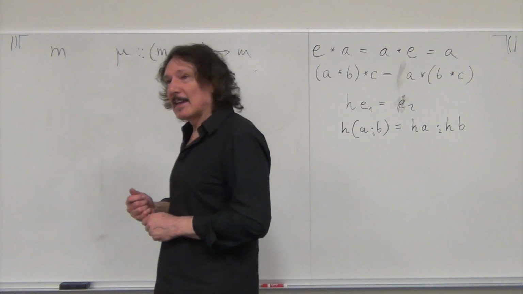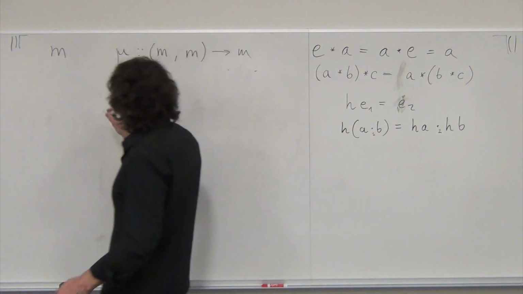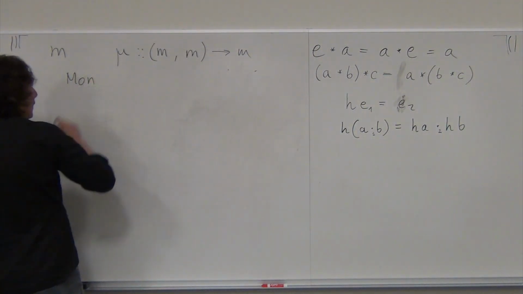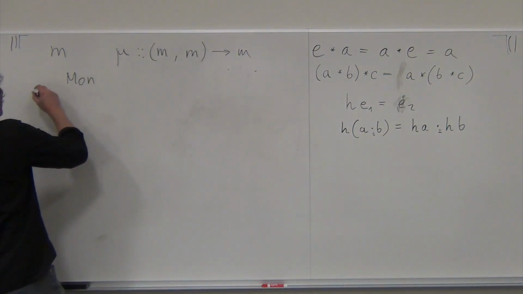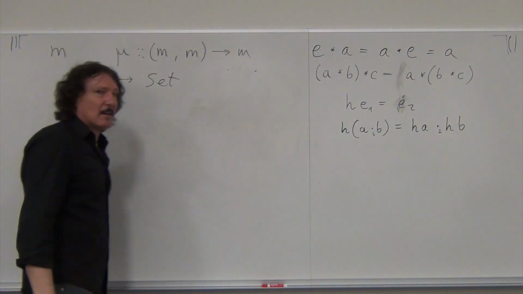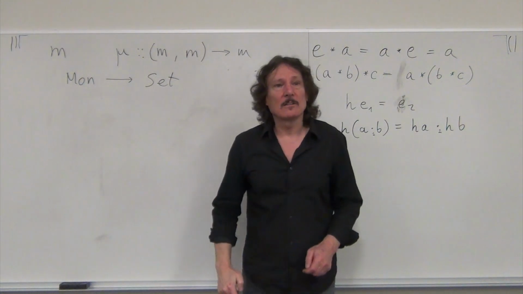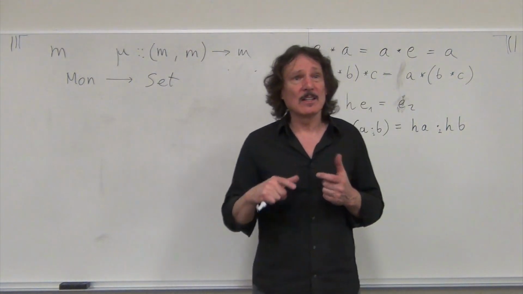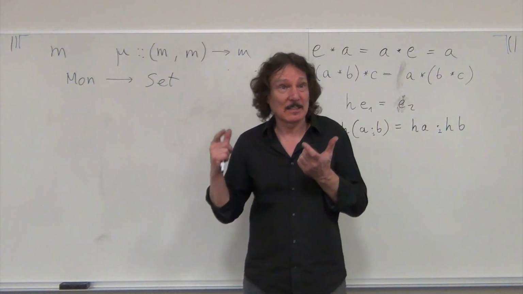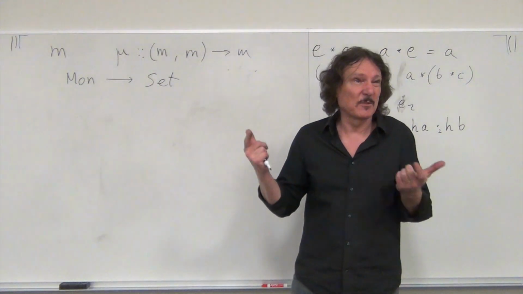So I can have a functor from the category of monoids, which is called Mon, right? A functor that takes monoids to Set. And these sets are called the underlying set. So every monoid has an underlying set, right? This is how it was generated to begin with. It was created from a set, right?